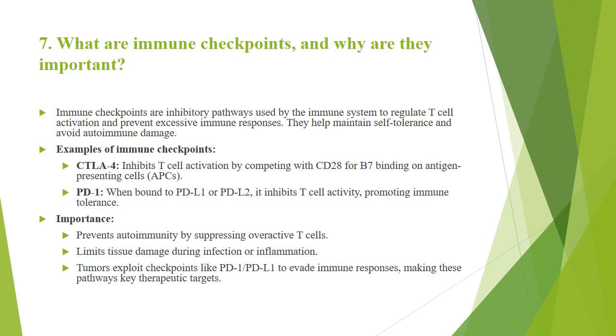For example, cytotoxic T lymphocyte antigen 4 inhibits T cell activation by competing with CD28 for B7 binding on the antigen presenting cell. Also, we have programmed cell death 1, which binds to programmed cell death ligand 1 or ligand 2. This inhibits T cell activity by promoting immune tolerance.